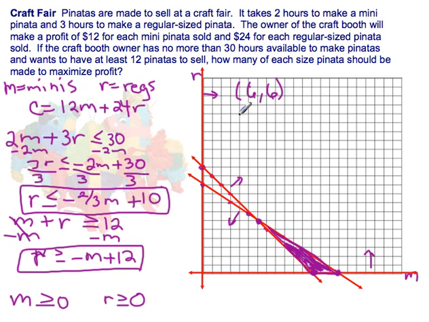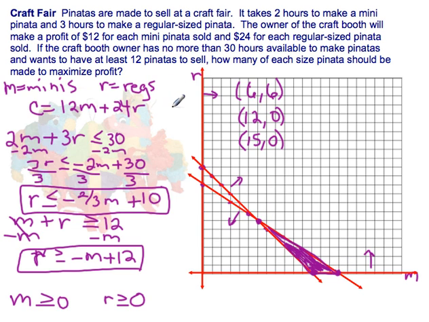That's 12, 0. And 12, 13, 14, 15, 0. All right, so now I've got my 3 points along the triangle, the corners.